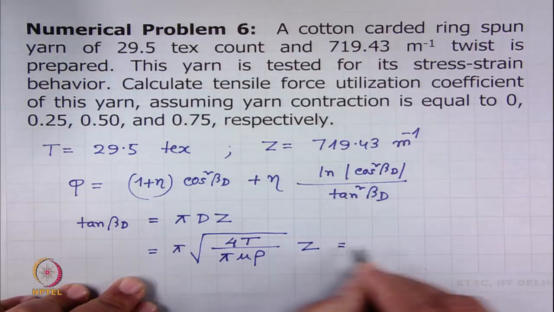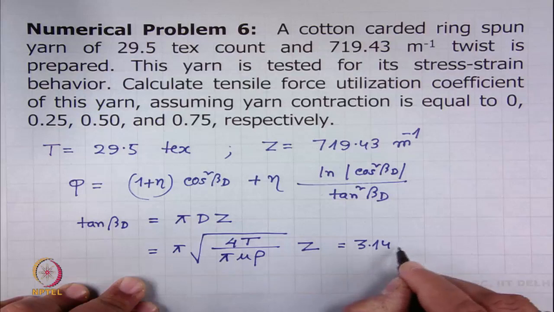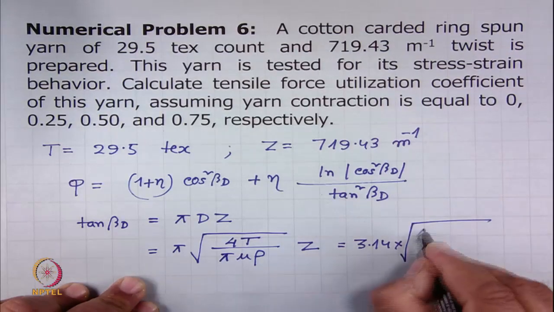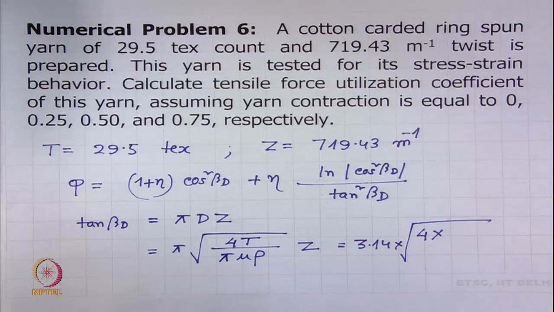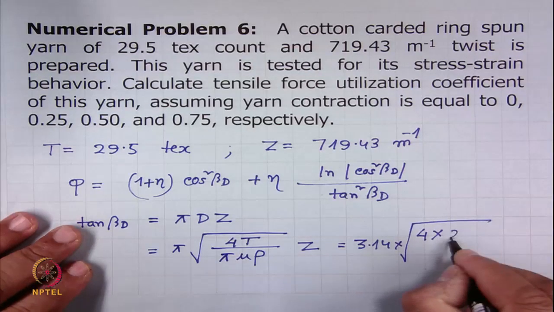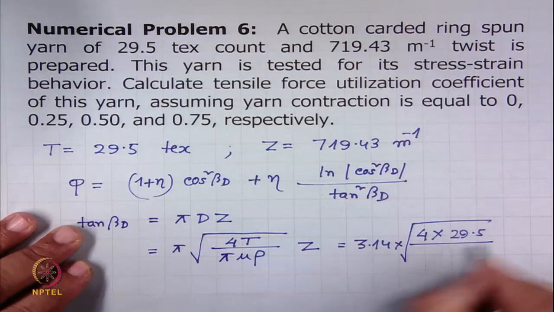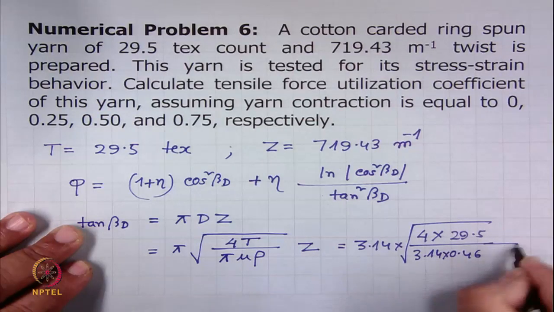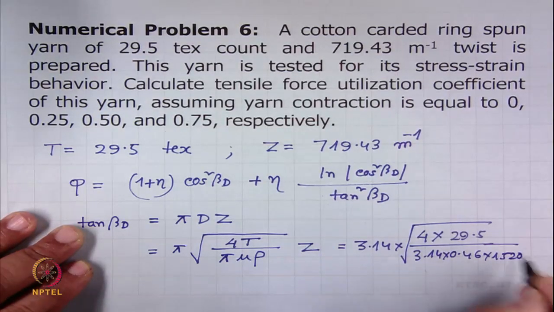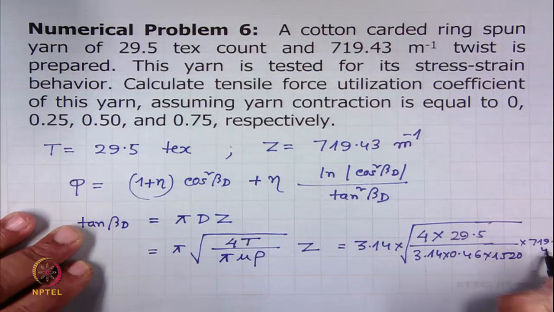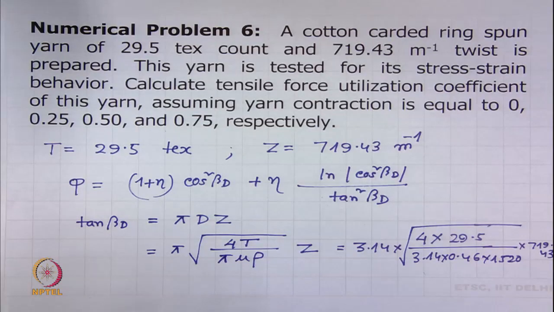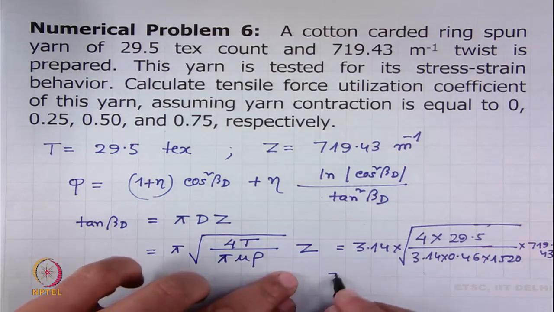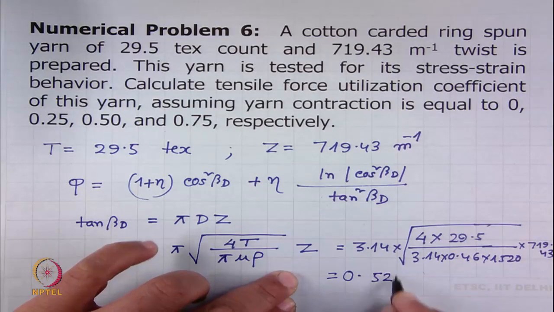The moment you find out mu is 0.46, you will come back to this page and see what is given: 3.14, 4 times T, what is T? 29.5, mu is 0.46 and rho is 1520 kg per meter cube, into Z, 719.43. So, this tangent beta d you will get as 0.5237.